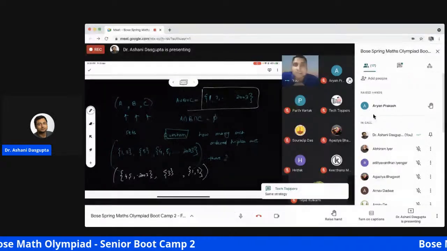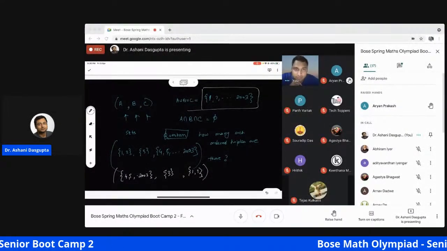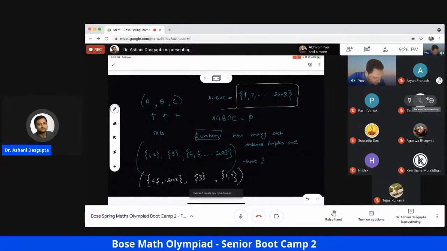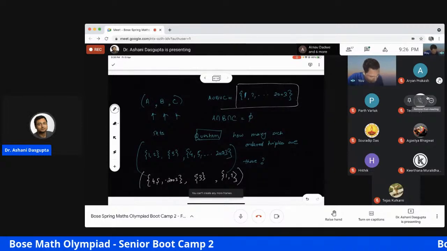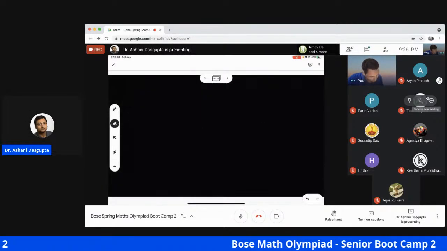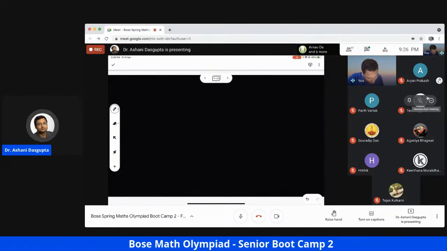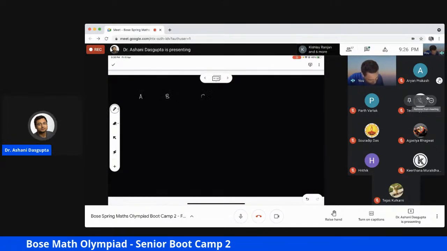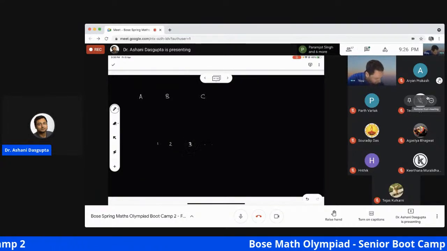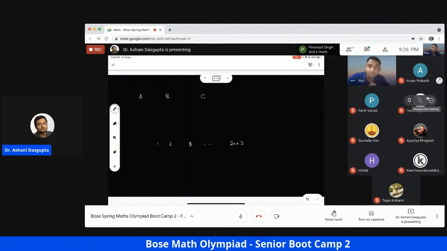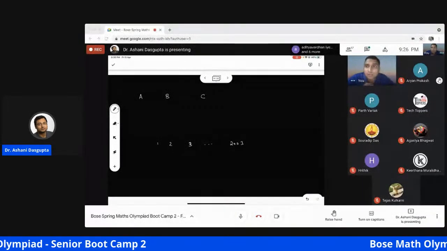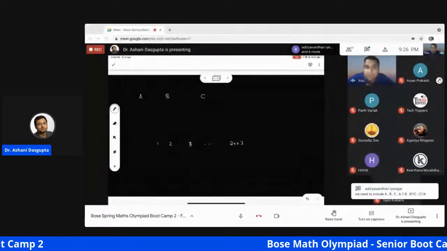Okay. Tech Toppers is having the same strategy. Both of them are saying that in total, if you want A, B, and C, and if you have 1, 2, 3 up to 2003, you have to assume that they are non-empty.